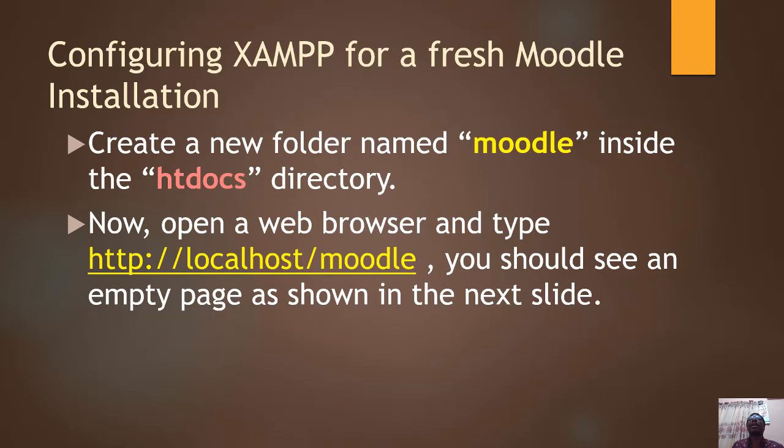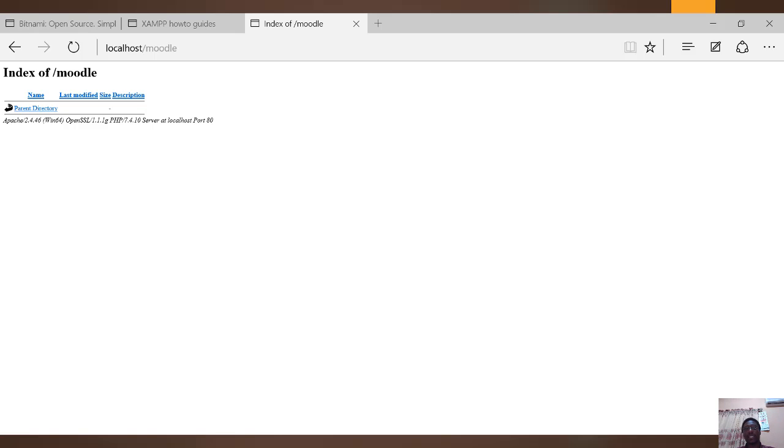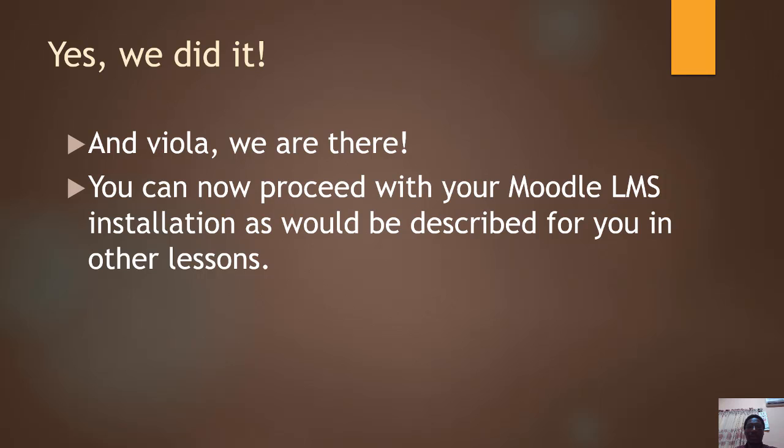Server root is like the landing directory for anything that is coming through the Apache web server. So when you do that, you are going to see something like this, and this is an indication that our server is working. The next step is for you to go to the Moodle site, download your Moodle zip file, extract it here, and begin installation.